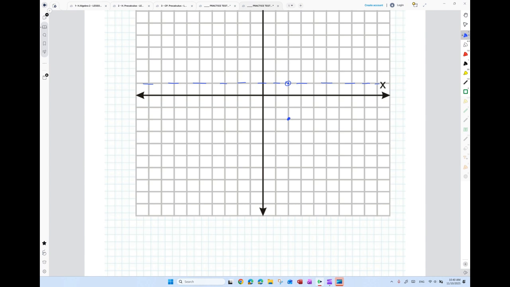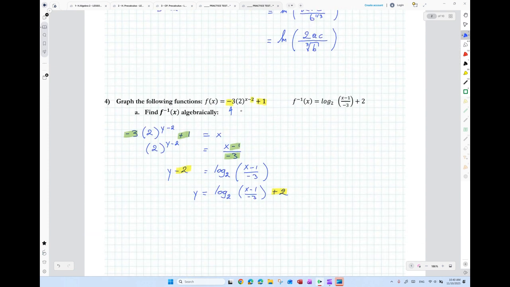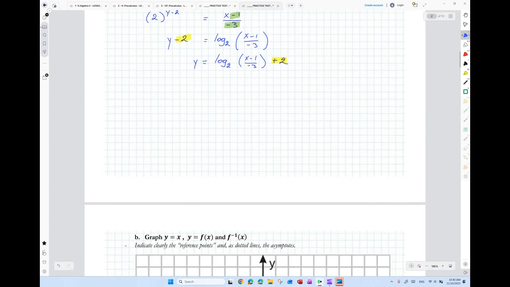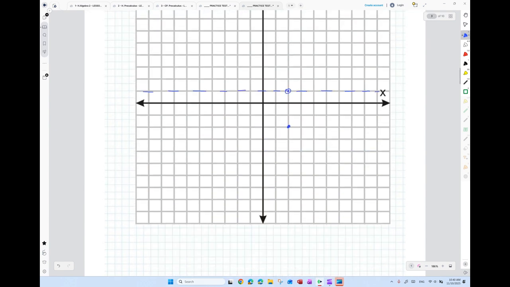And this direction of negative 3, which is a, will be multiplied by the base every time that I go 1 unit further right. And negative 3 times 2 is negative 6, times 2 is negative 12. So I'll have negative 12 is down there.